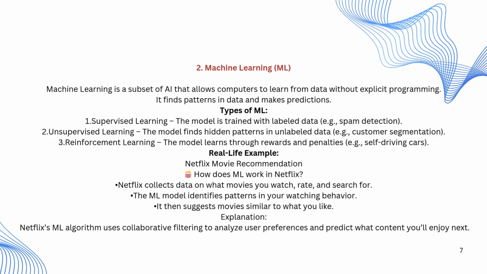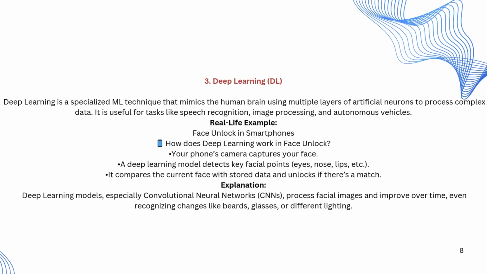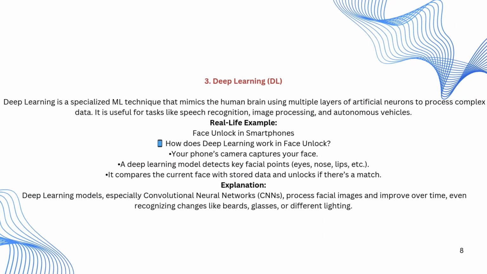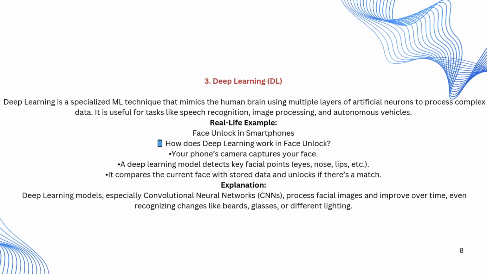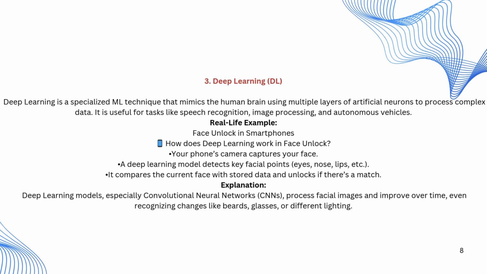Deep learning is a specialized ML technique that mimics the human brain using multiple layers of artificial neurons to process complex data. It is useful for tasks like speech recognition, image processing, and autonomous vehicles. An example we can see is face unlock in smartphones.